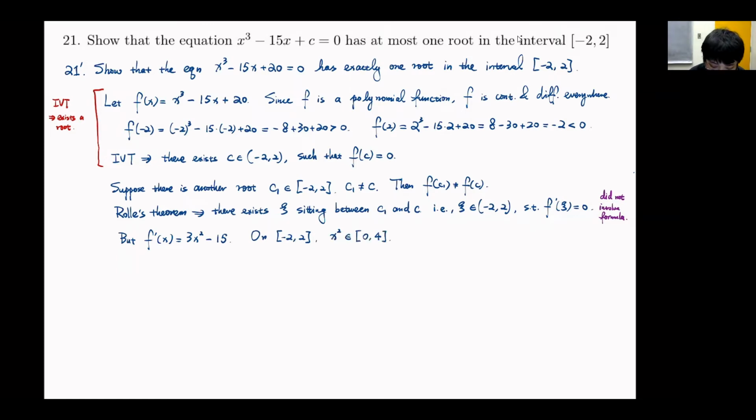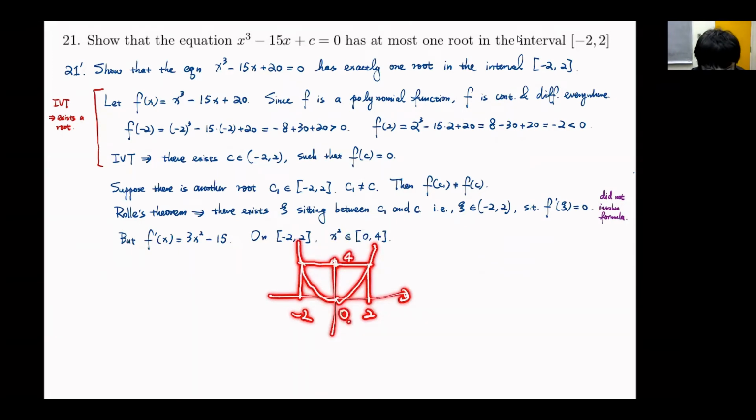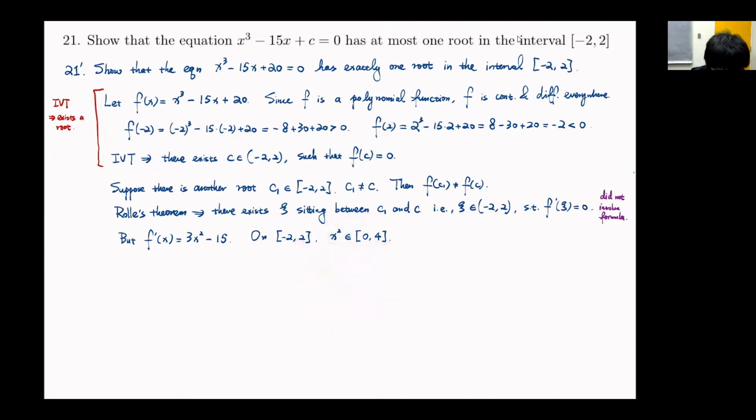This is quite easy to figure out because if x is between minus 2 and 2, you should be able to see that the largest possible value we can take is 4, and the smallest possible value will be 0. So we see that x squared will be sitting between 0 and 4.